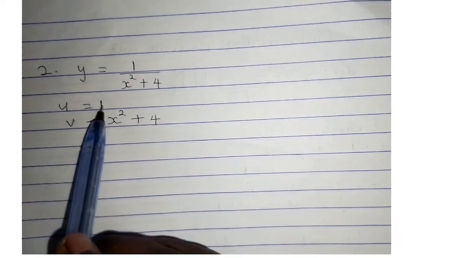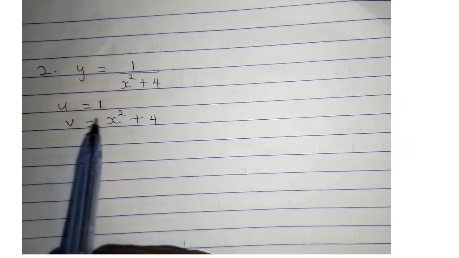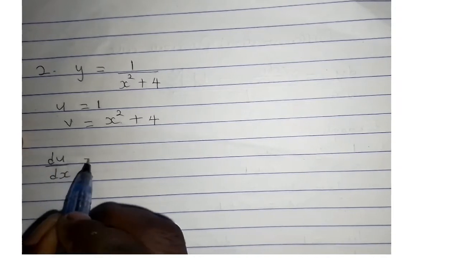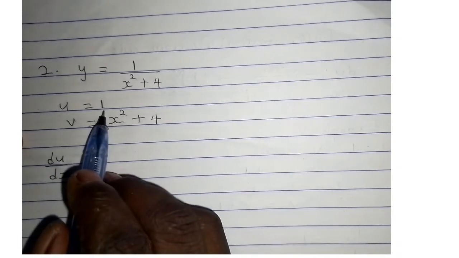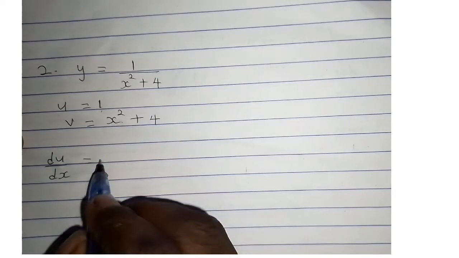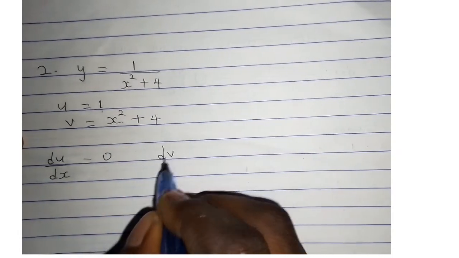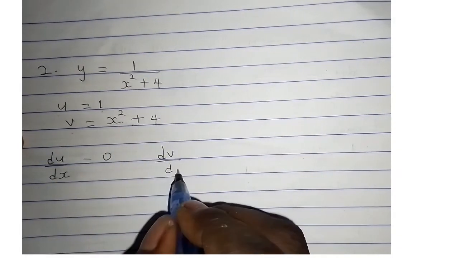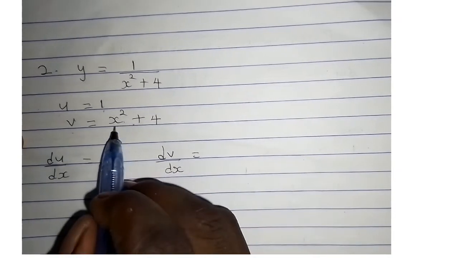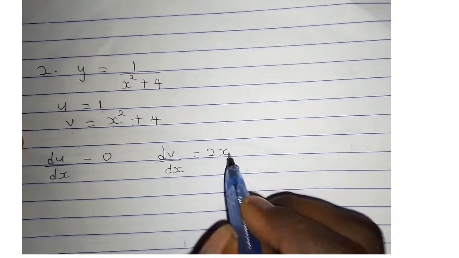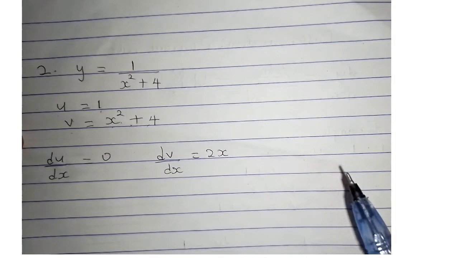So differentiating u with respect to x, and v with respect to x, we are going to have du/dx. When you differentiate this, it's going to be 0 because it's a constant. And when you differentiate x squared, we're going to have 2x, and when you differentiate a constant, automatically 0.